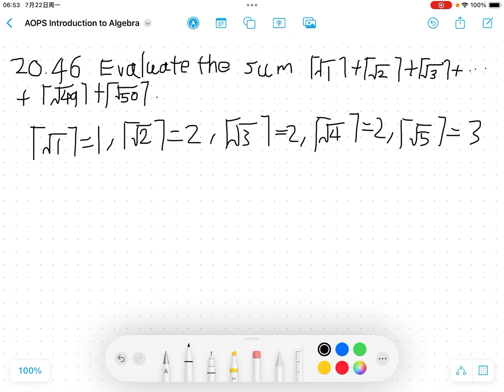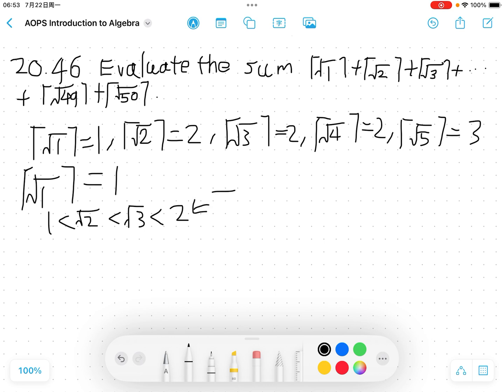Firstly, we will do some casework. The ceiling function of square root 1 is equal to 1. Starting from square root 2, because square root 2 is greater than 1, less than square root 3, and square root 3 and square root 2 are both less than 2.